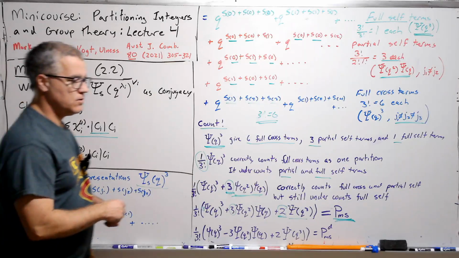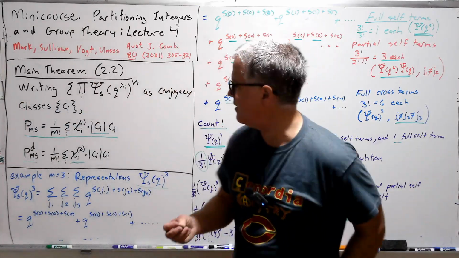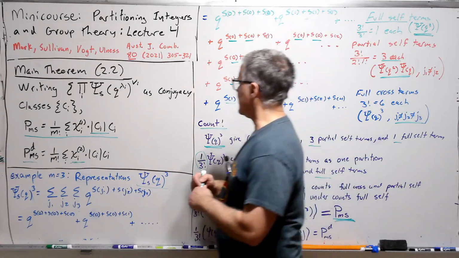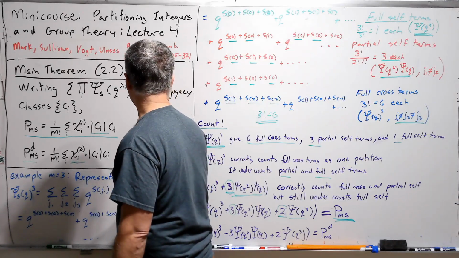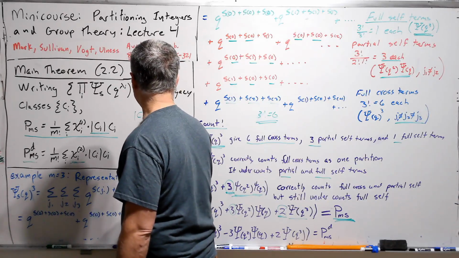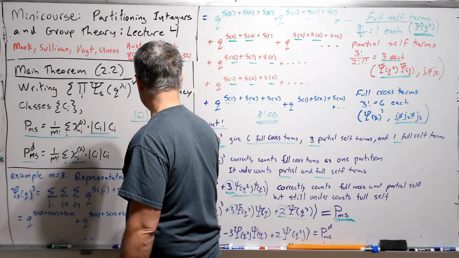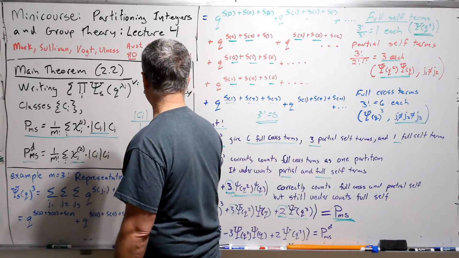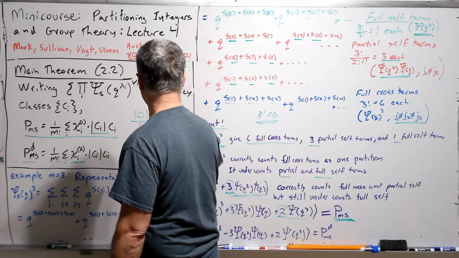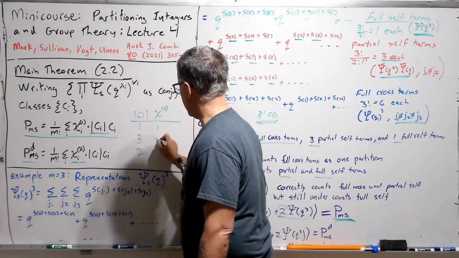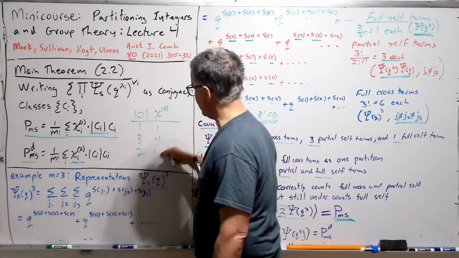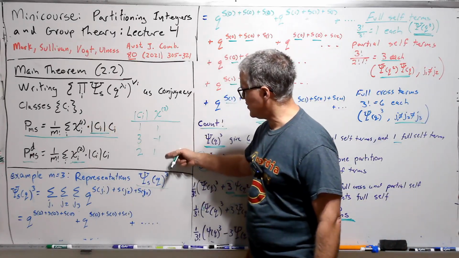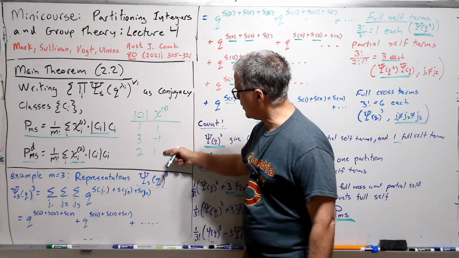And if we look at our table number 1 for m equals 3, we'll see that the conjugacy class size is 1, 3, and 2. The sign is 1, minus 1, 1, but right now we're using the trivial representation, so that is going to be 1, 1, 1.